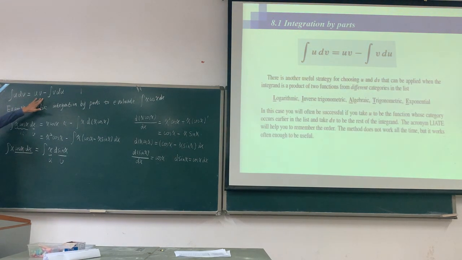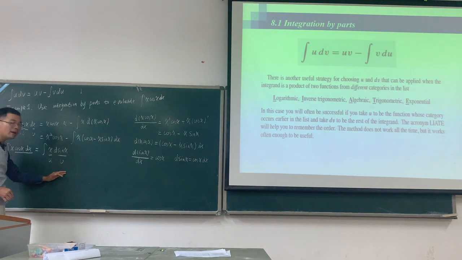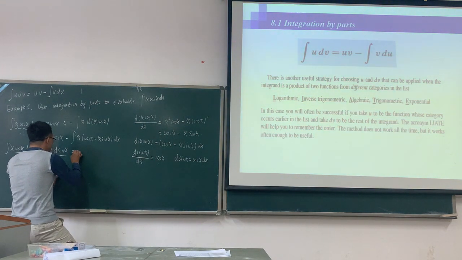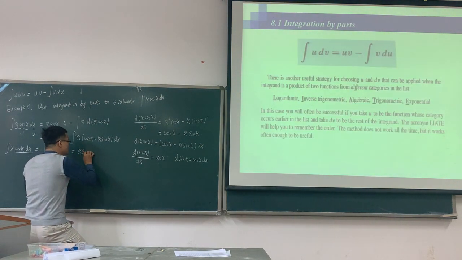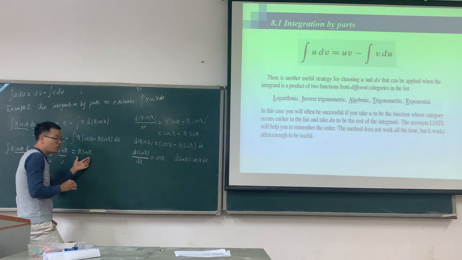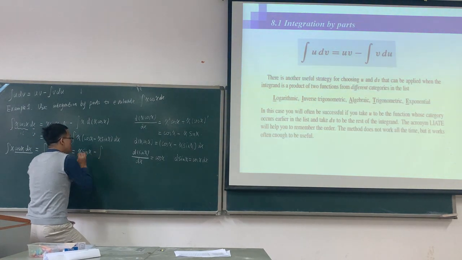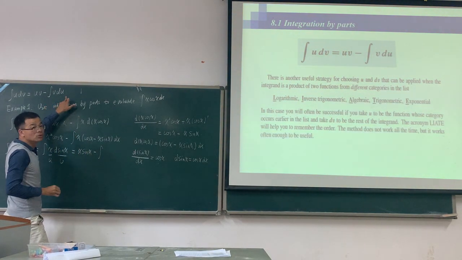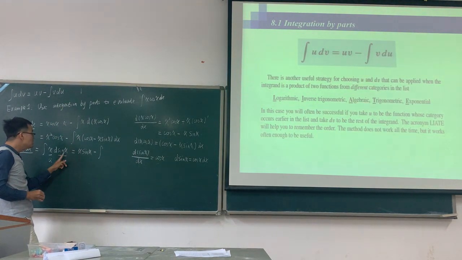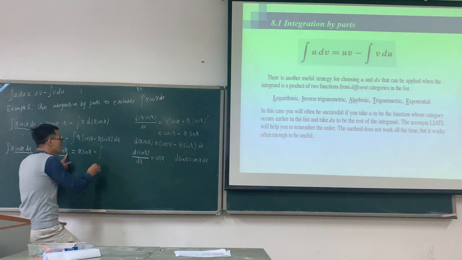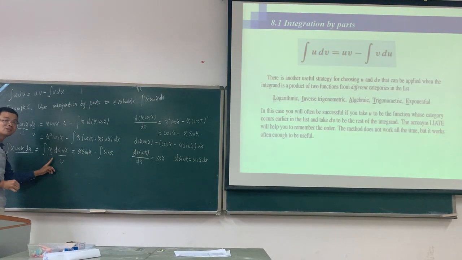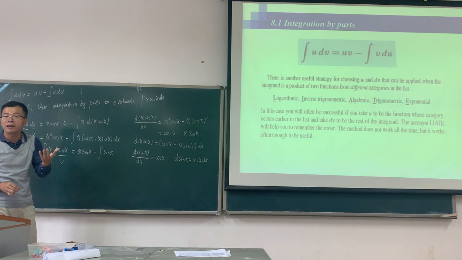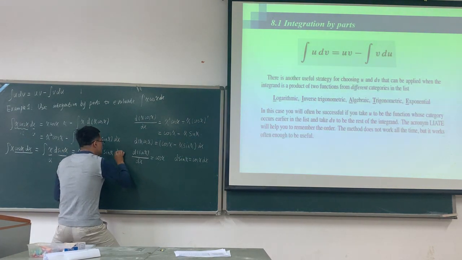We use this formula: u times v, where u is x and v is sine x, minus v du. V is sine x, u is x, so du is dx.